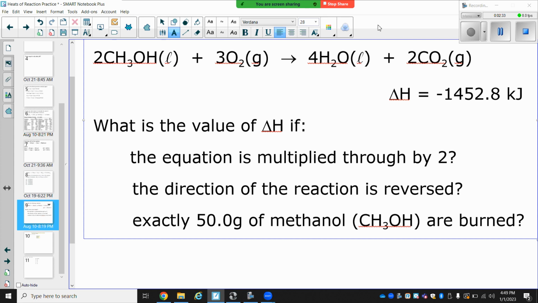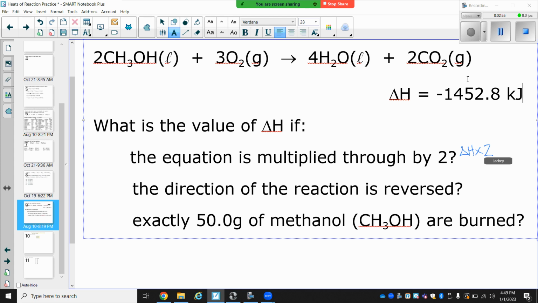So it wants to know what's the value of delta H with the following situations. What's the value of delta H if the equation is multiplied by 2? So remember, if we multiply the equation by 2, we multiply delta H times 2 as well.